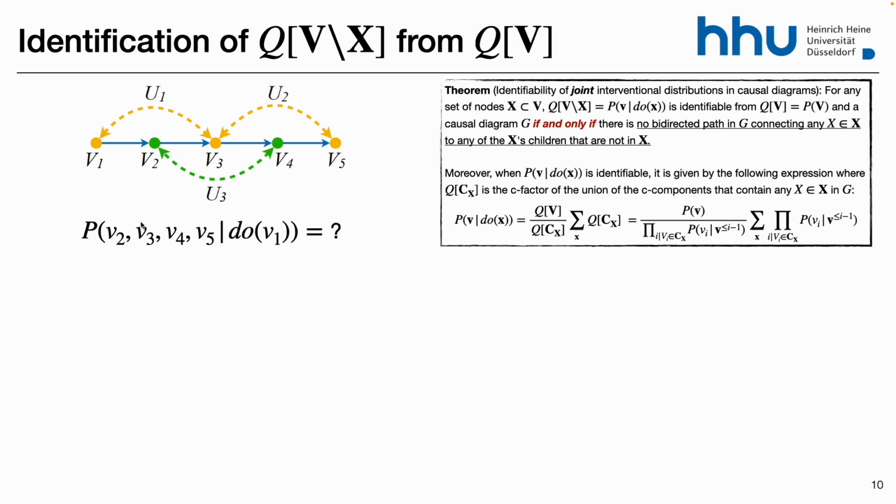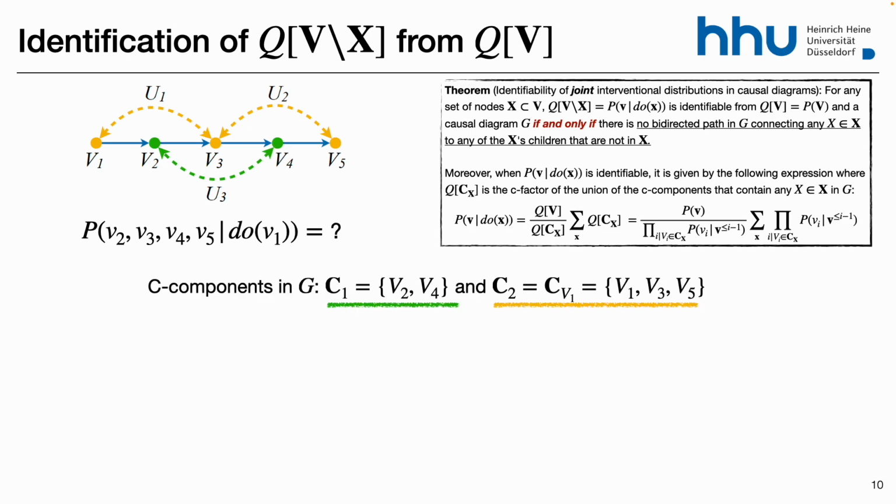Since we're always skipping one thing, if this was a set, I would have to check any children of any x, right? Not necessarily only its children. Okay, so this is okay. And the C components in this graph, we saw this, are these two, but I want you to use the condition we just saw.